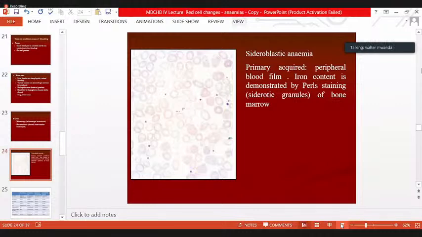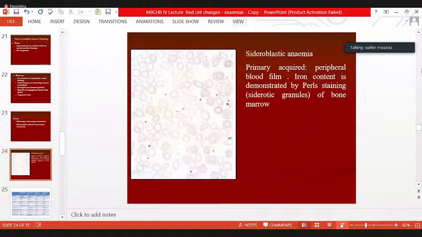This is a picture of one of the conditions which manifest with microcytosis and hypochromic cells, sideroblastic anemia. Sideroblastic anemia may be primary or acquired. The peripheral blood film will demonstrate microcytic hypochromia.